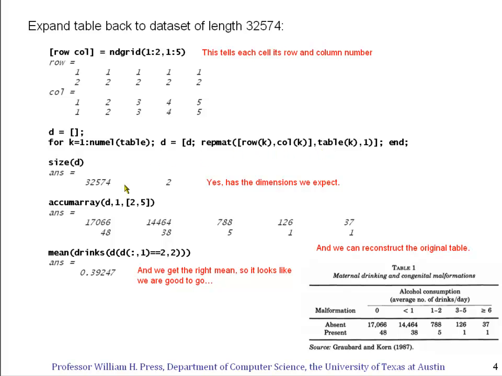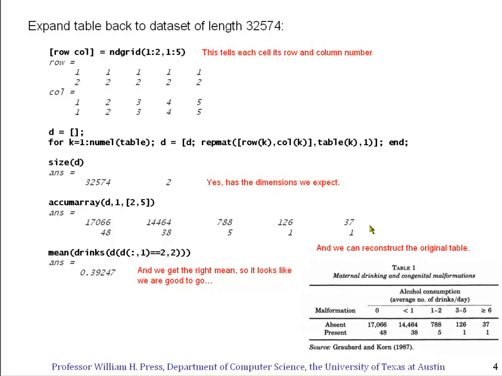And we get this long, skinny matrix with 32,000 roughly rows and 2 columns. The check that we always do, just to make sure we haven't messed something up here, is we see whether with the accumulate function we get back the original table.